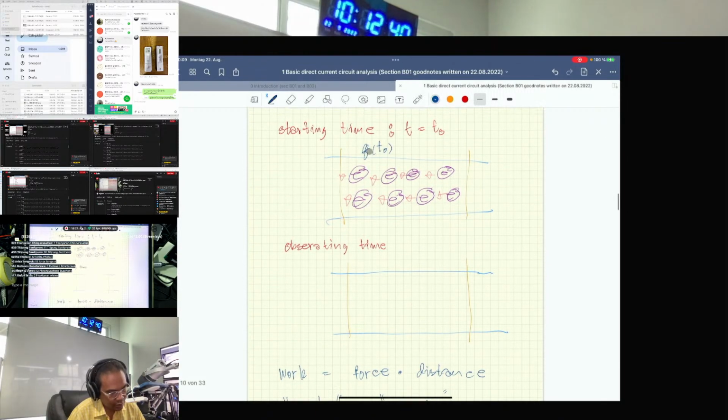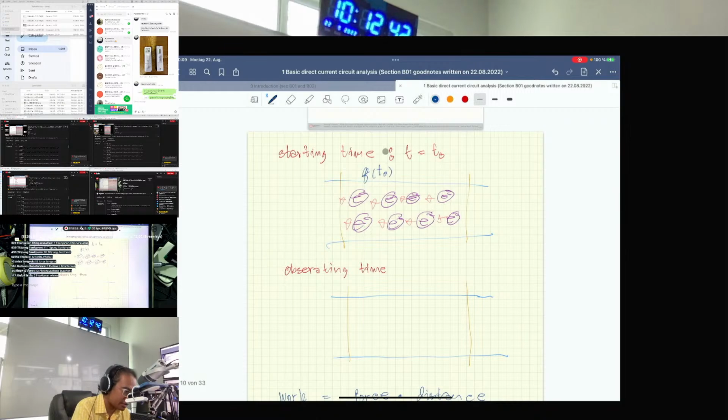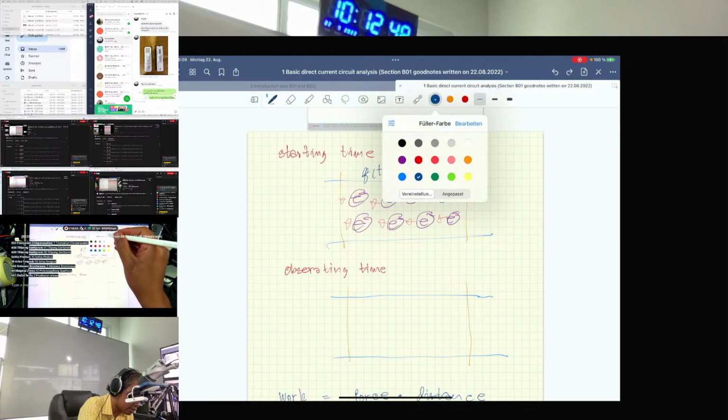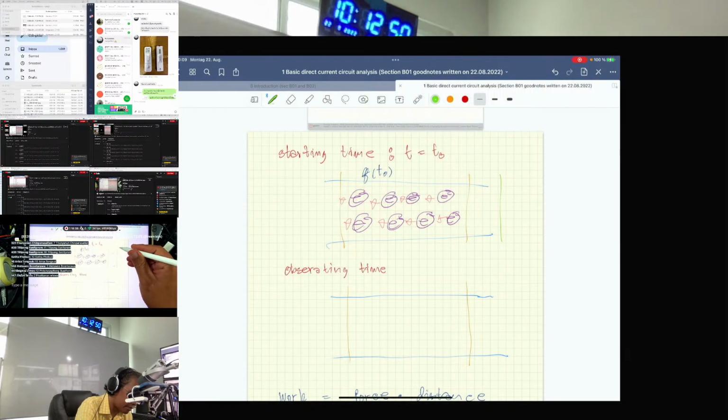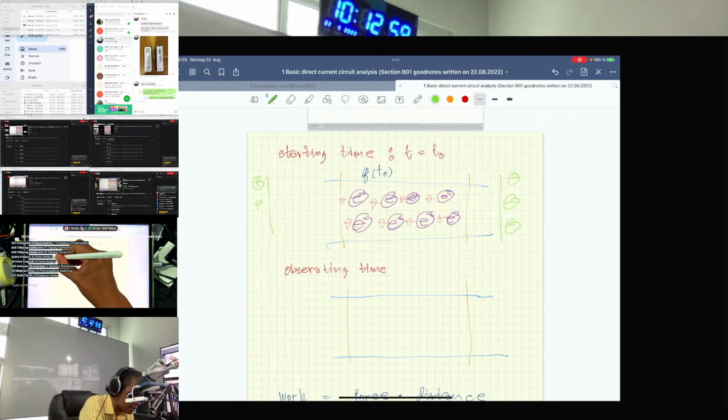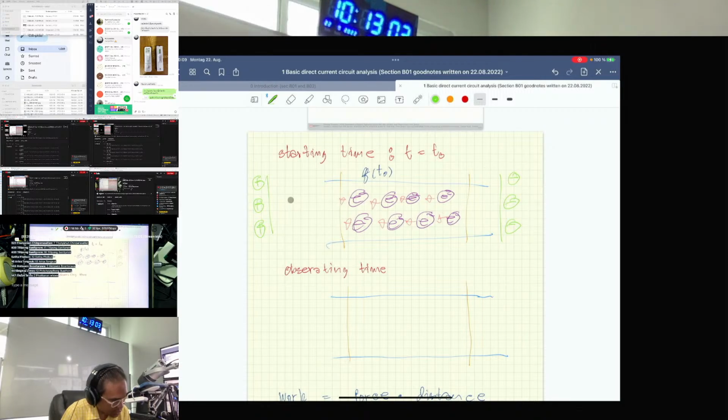All right, so in this scenario, someone applies, also I have to use another color, someone applies the plate of negative charge, and here we have positive charge. Positive charge tries to attract the electron to move in this way.